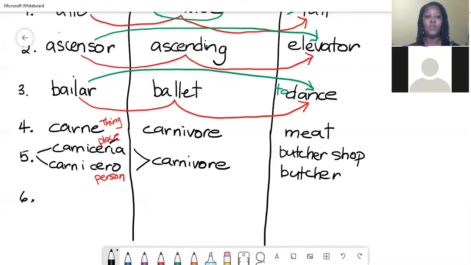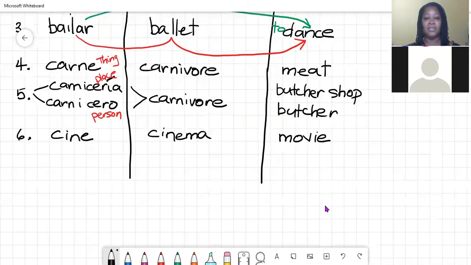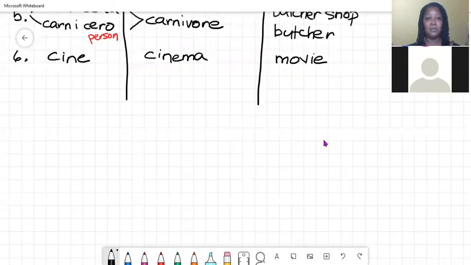And these are, once you get the hang of it, very easy. I'm just doing letters A to D for this lesson. We pick up on others in the rest of the alphabet as we go along. So cine resembles cinema, and cinemas have to do with movies. Cine means movie. Let's get a little more space.